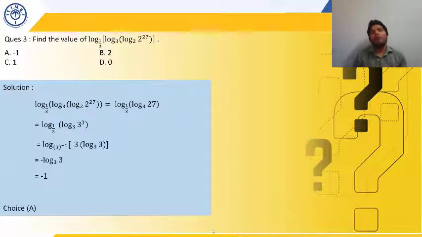So if 1 by log base 2 to the power 4 of 5 is given, you can take that power 4 outside, but it will come as 1 by 4, not 4. This is how we can solve this question if we are aware of the properties of log. So please learn all the properties of log, then only you will be comfortable with log. Otherwise solving log questions will become very difficult for you.